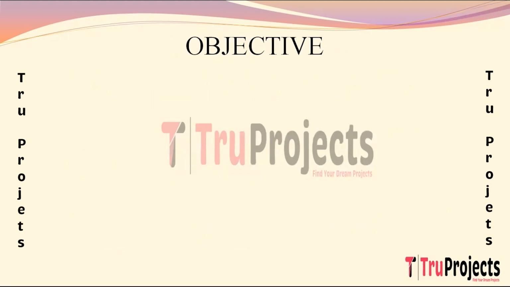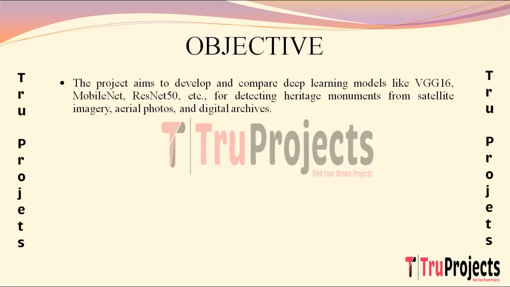Objective of the project. So, as I mentioned earlier, the primary objective of the project is to develop and compare multiple deep learning models, including VGG16, MobileNet, MobileNet V2, ResNet 50, Inception V3, Xception, DenseNet 169, ResNet 101, LeNet, EfficientNet V2S, and CNN for the purpose of detecting heritage monuments from various sources such as satellite imagery, aerial photography, and digital archives.